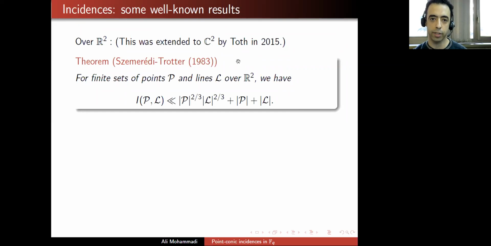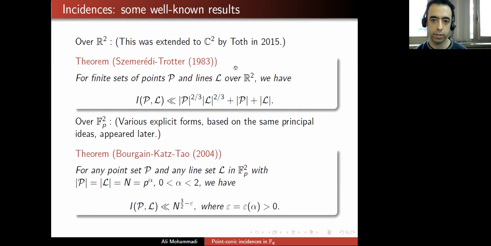I didn't actually realize this until last night. It took a really long time just to extend it to the complex plane. Over F_p squared, it took almost 20 years for Bourgain, Katz and Tao to get the first non-trivial result over finite fields. And like I said, if you remember, 3 on 2 is the trivial bound.